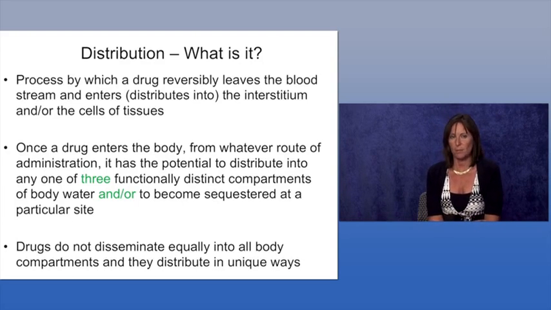And we'll talk about this in much more detail. It is important to appreciate that drugs don't disseminate equally into all body compartments, and they distribute in very unique ways. And we will discuss this to a certain extent.